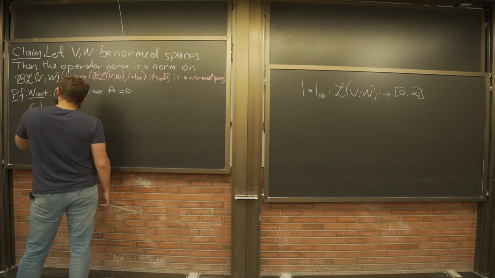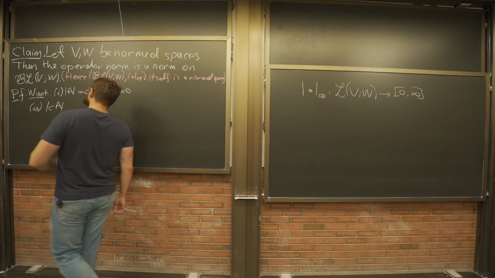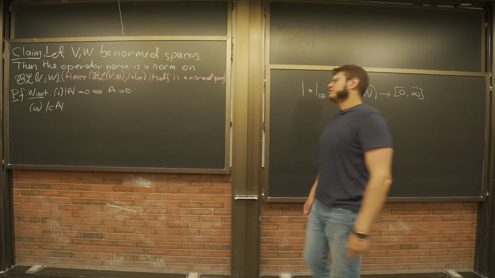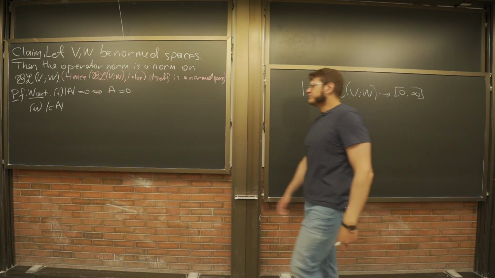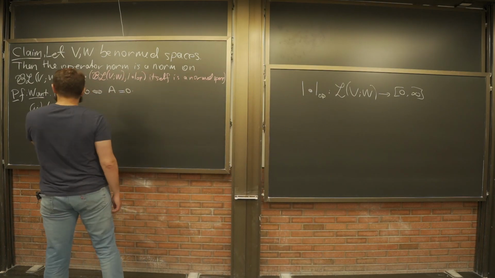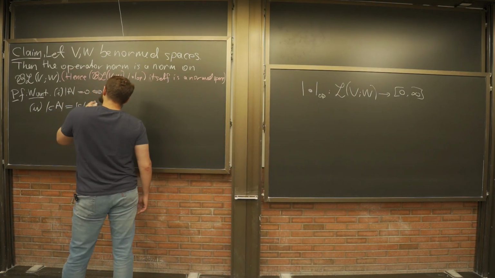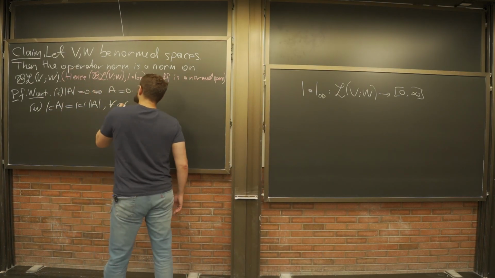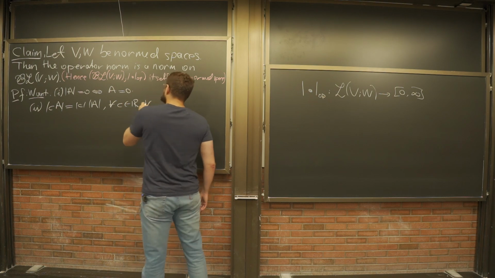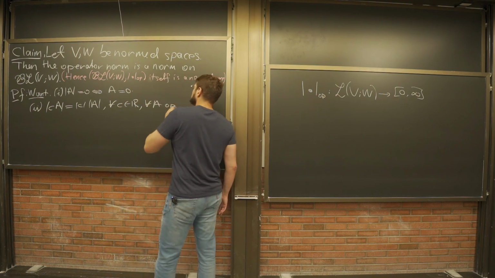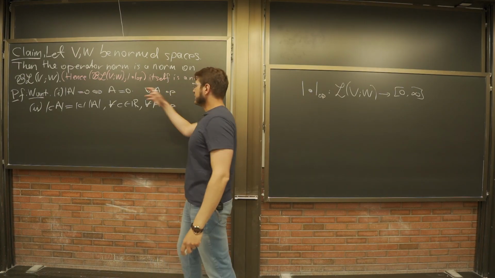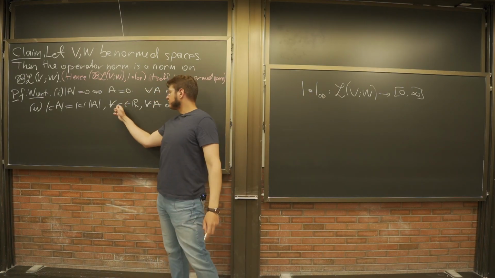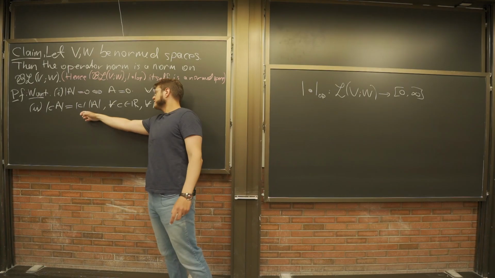Second, the operator norm of some constant multiple of an operator should be the absolute value of C times the operator norm of A. For any operator A and for any scalar C, this has to hold.